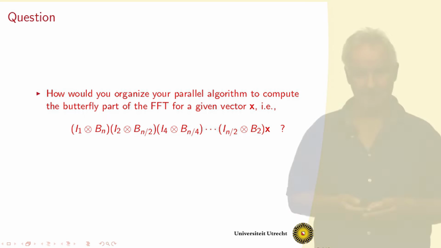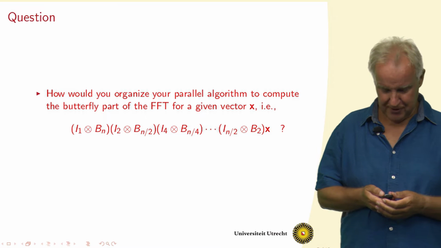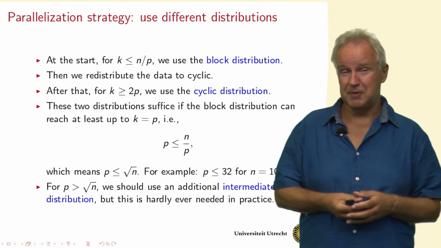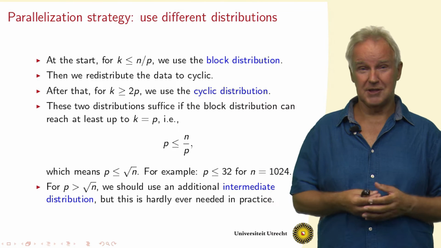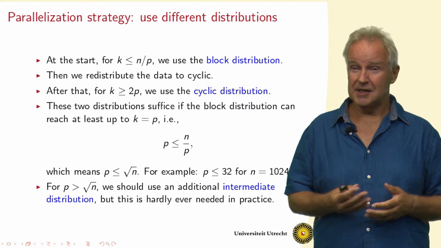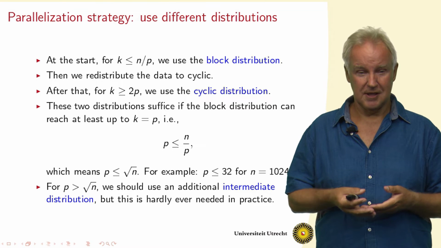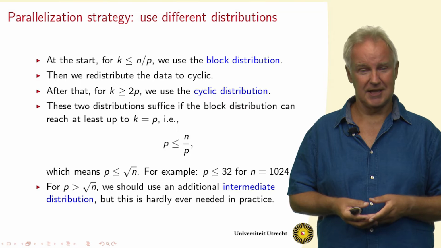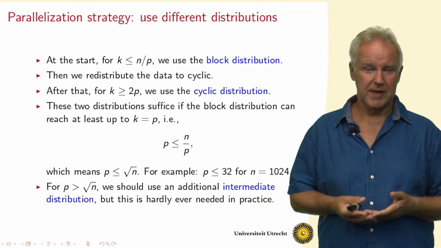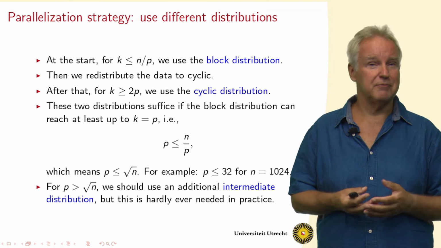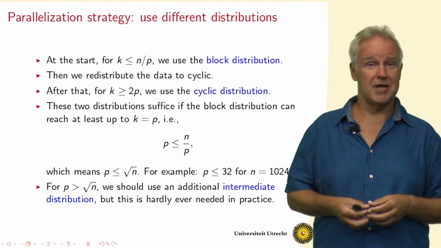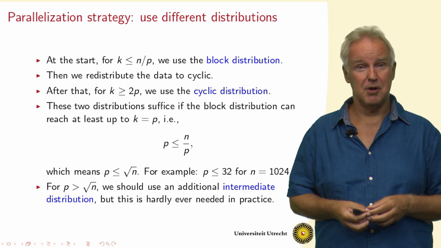Well, you may have thought about this. The logical thing to do would be to start with the block distribution, then at some point move to the cyclic distribution and finish in the cyclic distribution. When should you move? You may have some freedom, but when the block distribution runs out of steam, that would be a good moment.